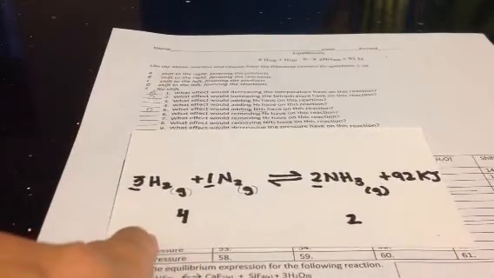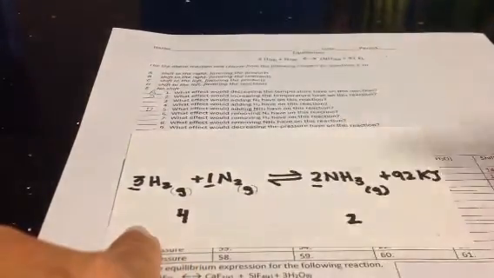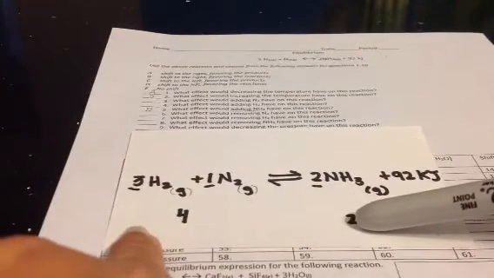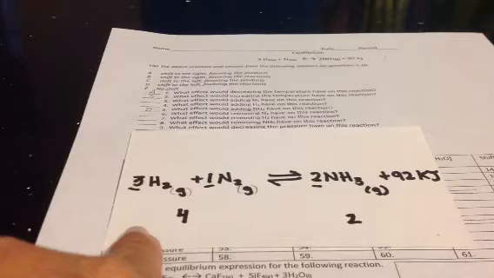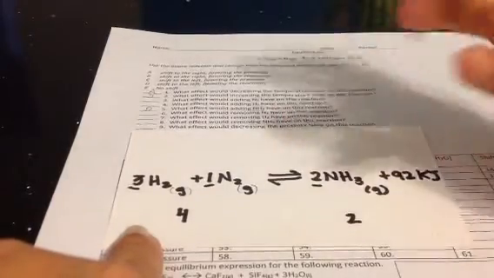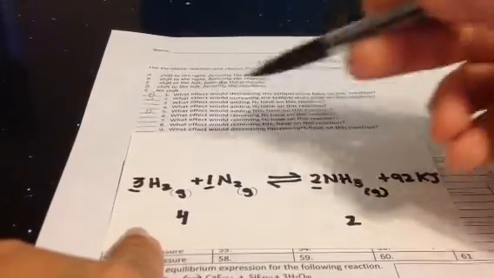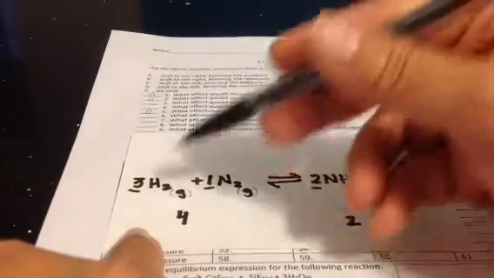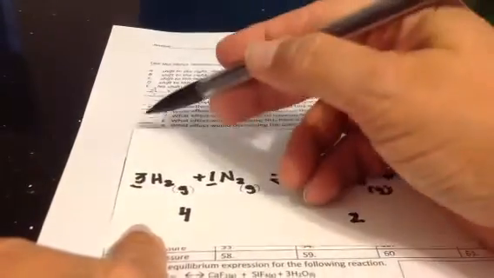So if they increase the pressure, this reaction is going to shift to the right in favor of the products. And if they decrease the pressure, which is what question number 9 says, what effect would decreasing the pressure have on this reaction? It's actually going to shift opposite. It's going to shift to the left in favor of the reactants.